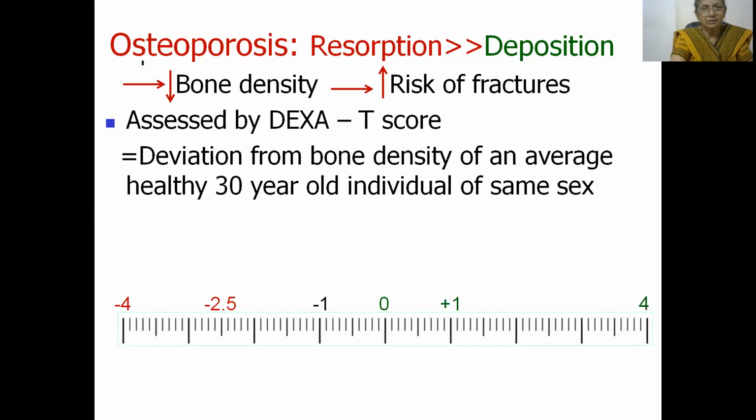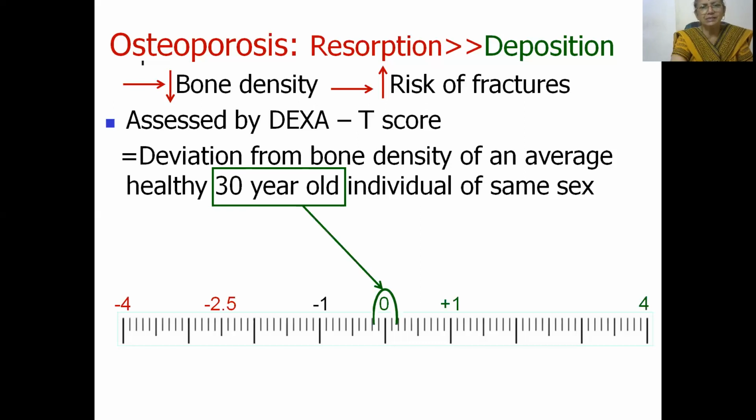So why 30-year-old? We've already discussed in the last part that whatever you do, the bone density graph will go on increasing only till the age of 30. And then you can manage to maintain it or it will go down. And therefore, the average bone density of a healthy 30-year-old is our target and the standard for comparison. So T-score is actually nothing but a standard deviation, indicating how many standard deviations the bone density of this particular individual differs from that of the average.